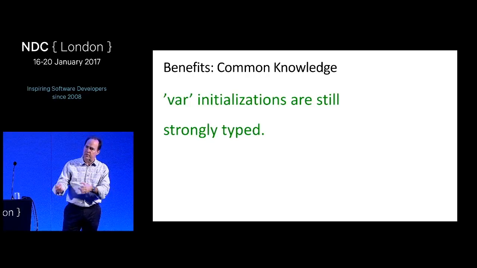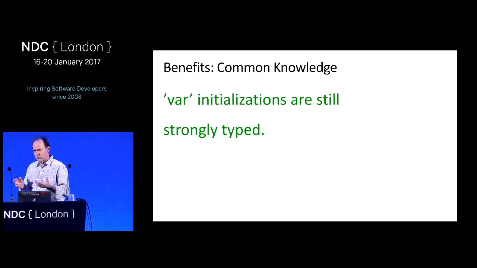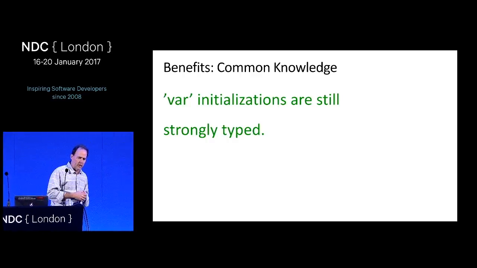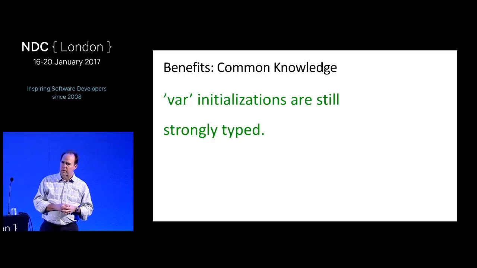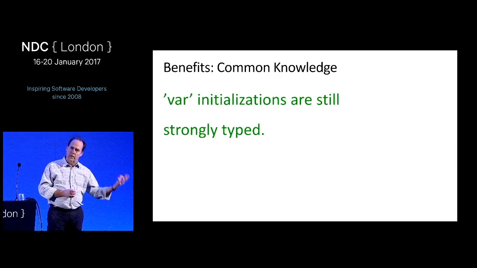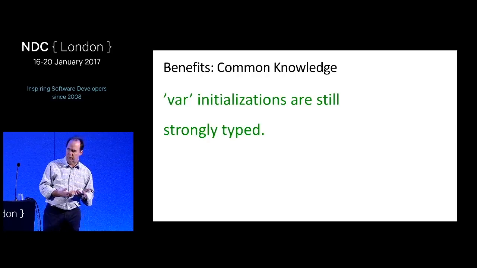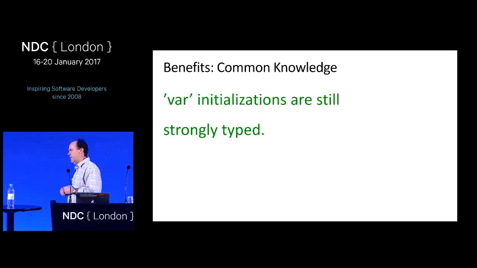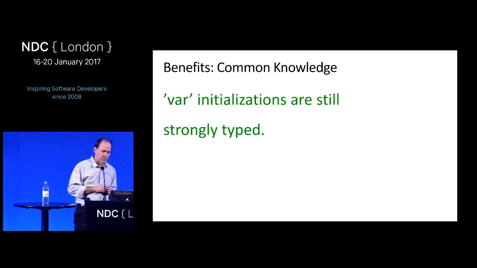Initializations of other types tell you what that type is. var works extremely well now with tuples in C# 7, which Kathleen will go into in a lot of detail tomorrow, where I can declare a tuple as just a few different fields. It doesn't have a name. It's a tuple of unnamed type. Those fields have names, and we declare those with var. Works just awesomely. So they're still strongly typed. You still get all the same benefits. You just don't have to type the keystrokes. And it reads fairly simply.